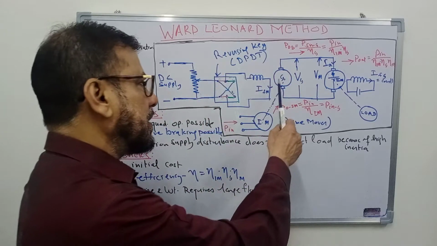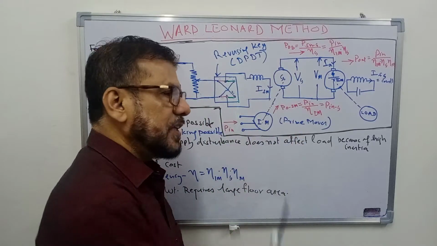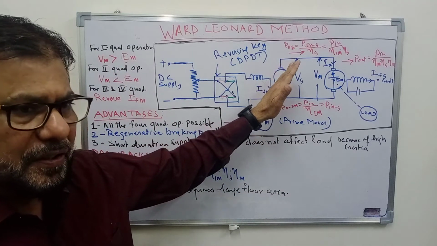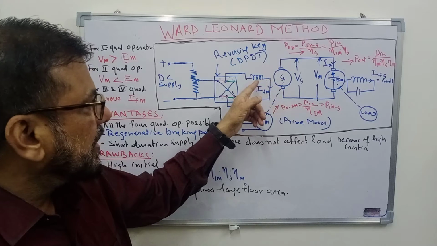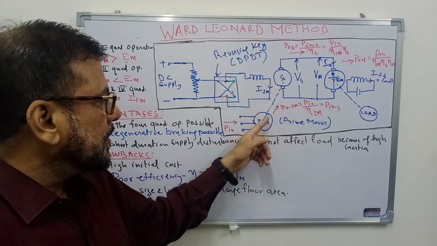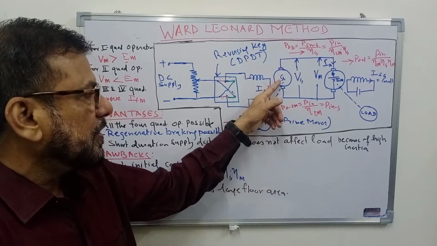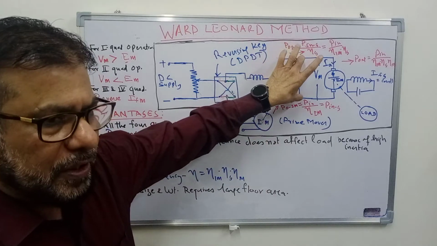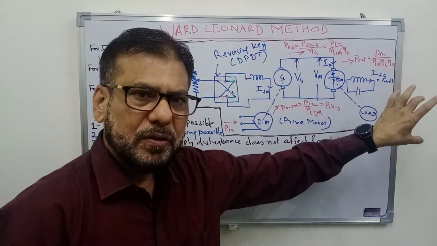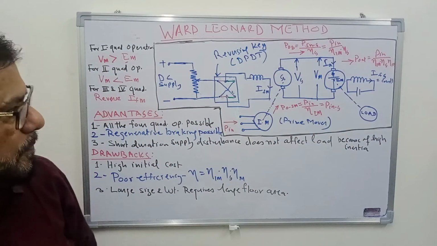That prime mover is usually a three-phase induction motor. This induction motor is coupled to this DC generator, and this DC generator is given a supply from here. So this prime mover runs the generator, and the voltage is available here, and this voltage is given to the motor whose speed we want to control.